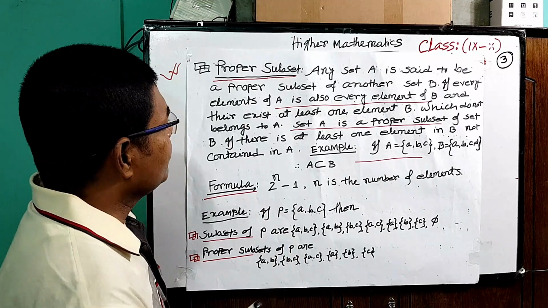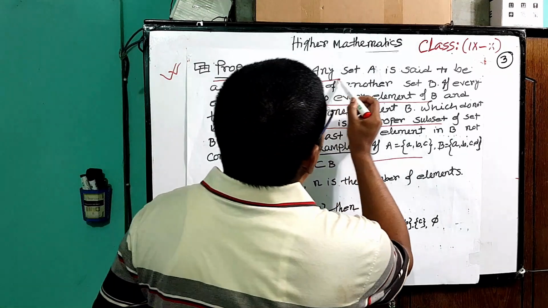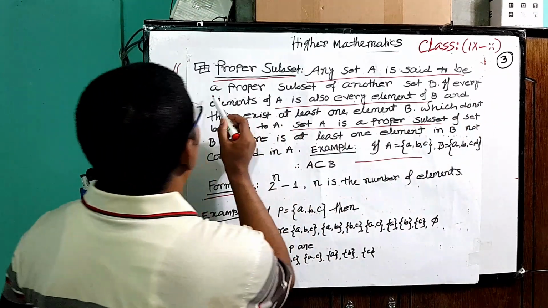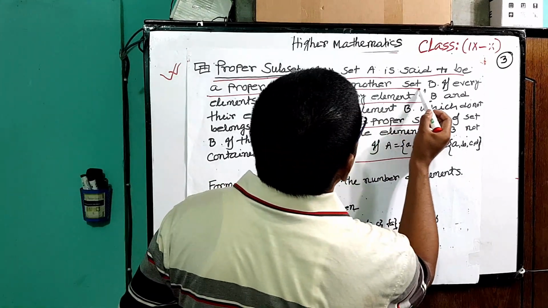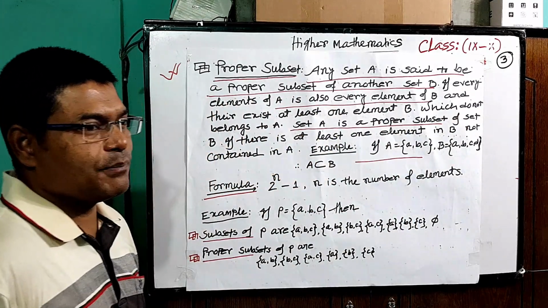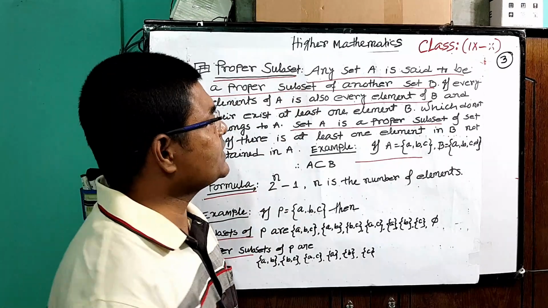So follow the board. A set A is said to be a proper subset of another set B. How many sets? 2 sets.